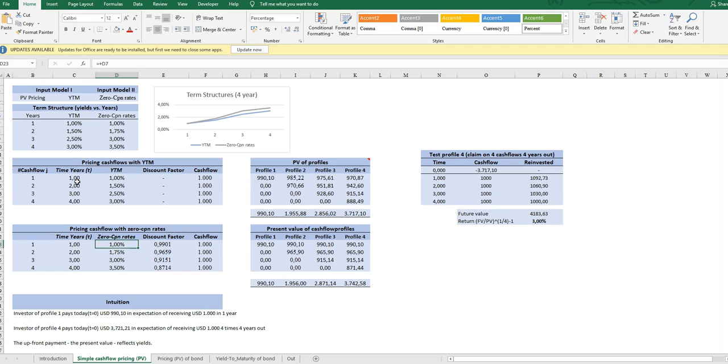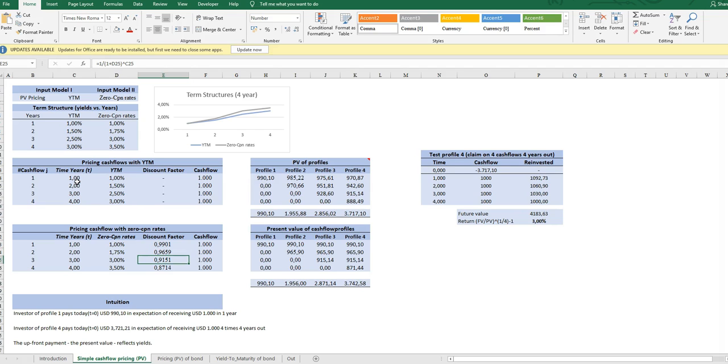So here we have the curve, and this time we can calculate discount factors for each of the time periods. And the discount factor is just the factor that reflects the required return for that period, not on an annualized basis, but on a total basis.